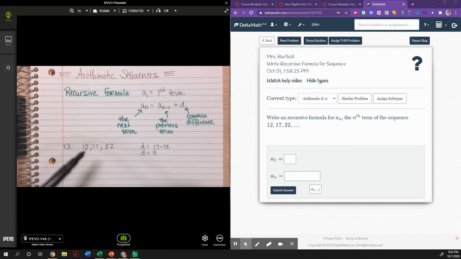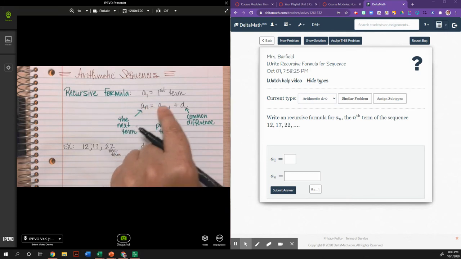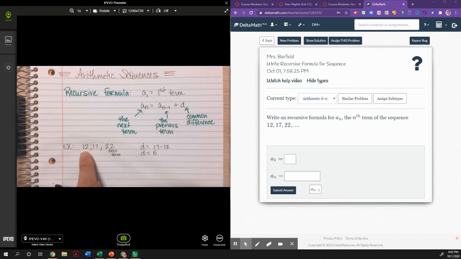When I'm talking about a previous term or the next term, if I'm at 22 and I say that this is the next term, that makes 17 the previous term. If I say 17 is the next term, that makes 12 the previous term. So you've got to think about this formula as working backwards in terms of writing it.